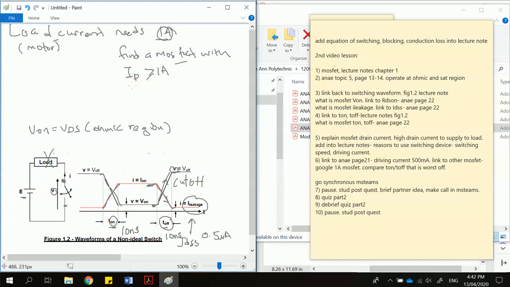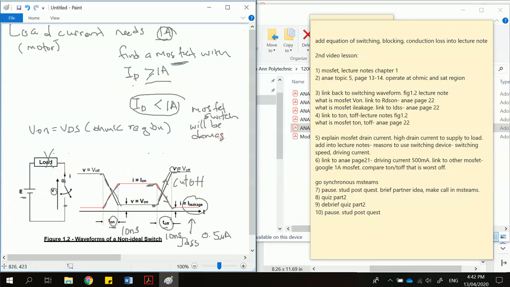If the MOSFET is chosen correctly, then the switch will be protected. But if, let's say, we choose a MOSFET with ID less than 1 amp, this MOSFET switch itself will be damaged.